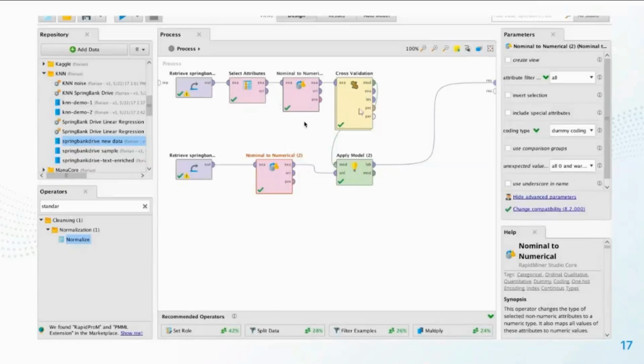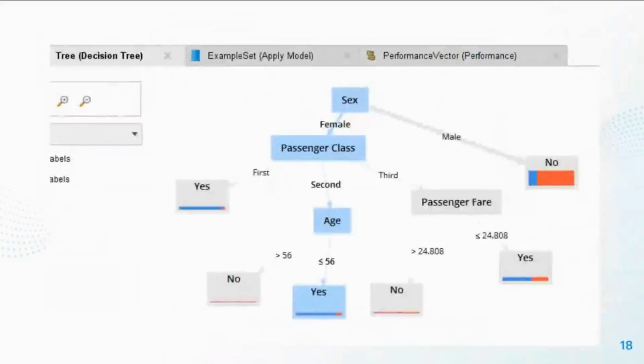Cross-validation is basically you deciding how many times you want to do that division, 80% to 20%, in order to test how good your model is. You just connect it and get a visual representation of the final model. So it's very, very easy to use. You have built-in tutorials, and I would very much encourage anyone that wants to deal with data science to try to use this first.